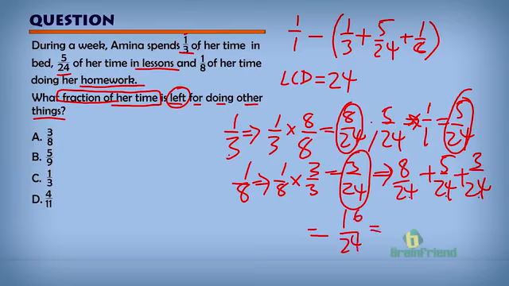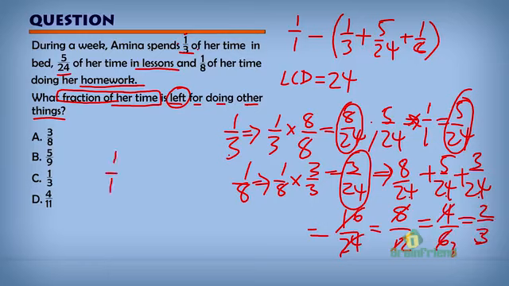This can be further simplified. 2 in 16 will give us 8, in 24 will give us 12. 2 again in 8 will give us 4, while this would give us 6. 2 again in 4 will give us 2, while this will give us 3. So 2 over 3 is the addition of 1 over 3 plus 5 over 24 plus 1 over 8.